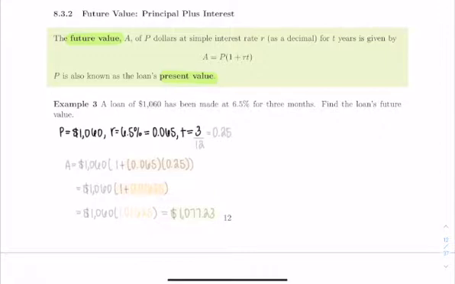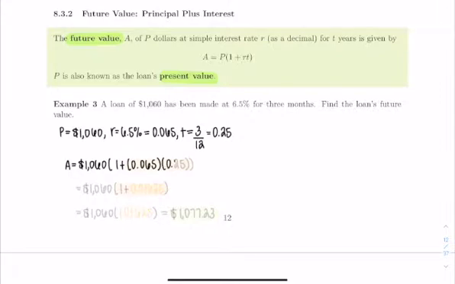So we're going to use the same idea as the days that was talked about earlier. Since there are 12 months total, we're only using 3 of them. That means we're looking at 0.25. So using our formula, A equals 1,060 times 1 plus my rate, 0.065, times the time.